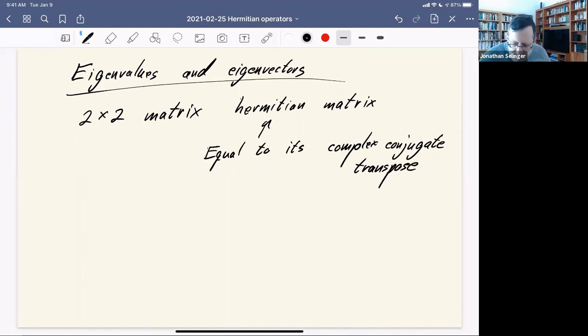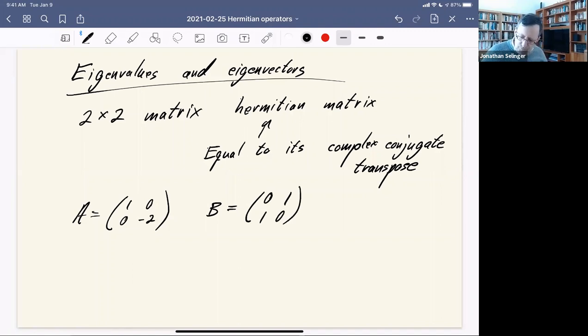So one example would be a matrix that is real and symmetric, like this. Another example would be 0, 1, 1, 0. Another example would be 0, i, negative i, 0.